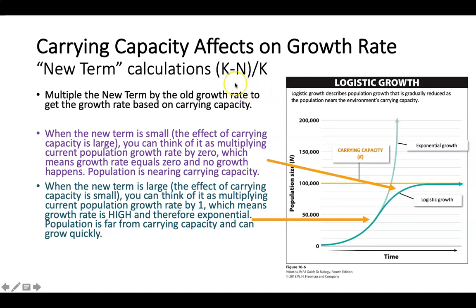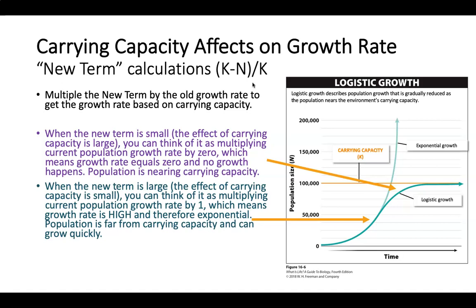Now, in general terms, we can think about how this effect of carrying capacity is going to impact our growth rate. When we calculate this new term, if that new term is small, you can think of it as multiplying by zero or multiplying by something very close to zero. And when you do that, you get very little or no change in that number that you're multiplying by.